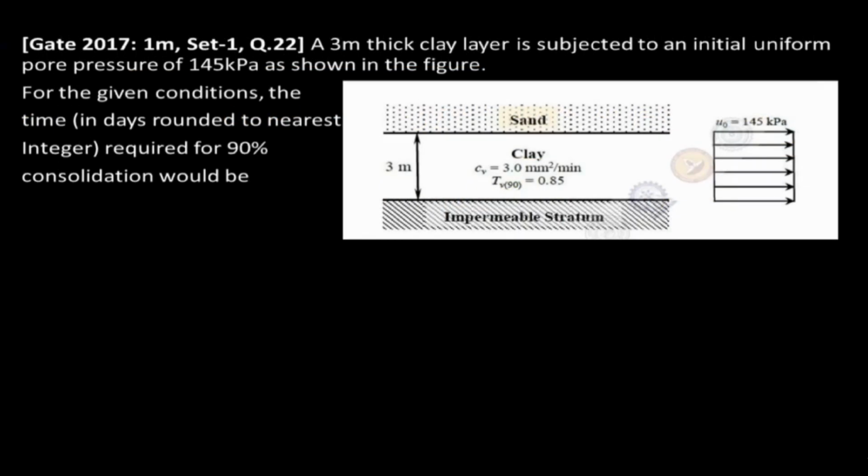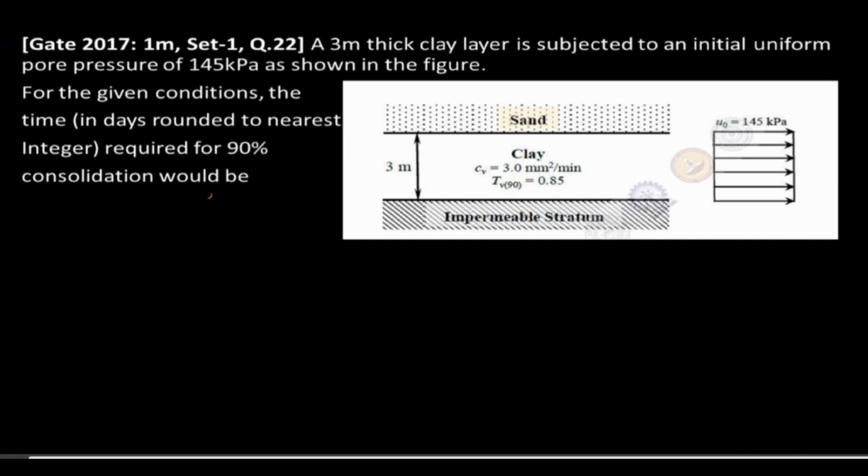In this question, they've asked us to find the time in days, rounded to the nearest integer, required for 90% of consolidation. If you see this diagram, you can clearly see that beneath it is an impermeable stratum and at the top it is sand.